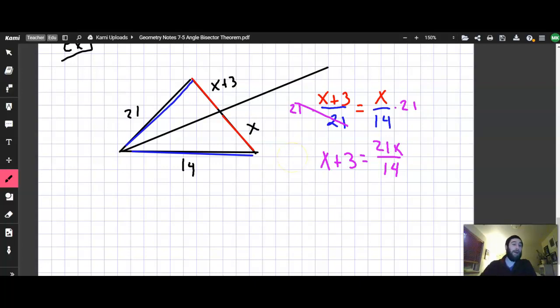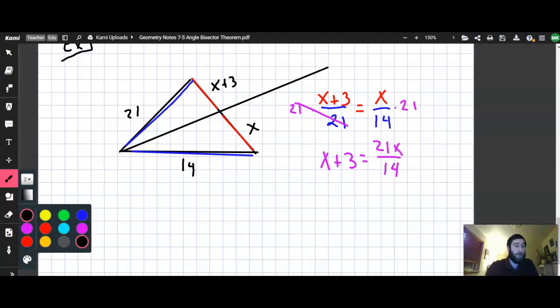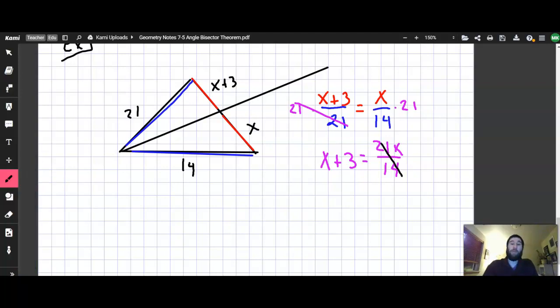I am going to choose to reduce the fraction now because smaller numbers means we get to work through the problem a little bit easier and faster because we can rely on our mental math more effectively. And so both 21 and 14 are divisible by 7, which means I have 3x over 2 in reality, rather than 21x over 14.